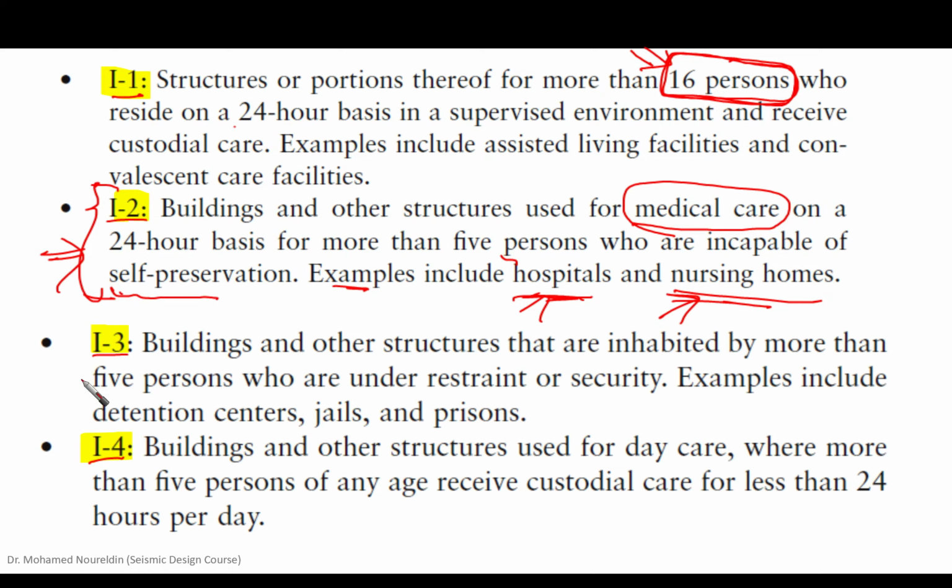And subcategory 3: buildings and other structures that are inhabited by more than 5 persons who are under restraint or security, like jails or prisons. Examples include detention centers, jails, and prisons. Then there are buildings and other structures used for day care, where more than 5 persons of any age receive custodial care for less than 24 hours per day. These are the categorizations.